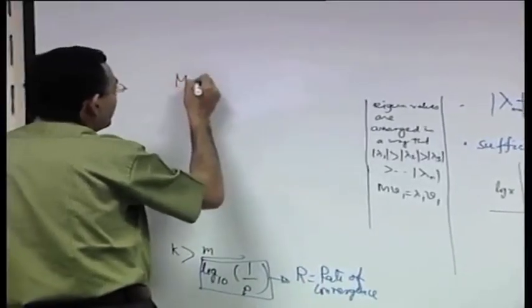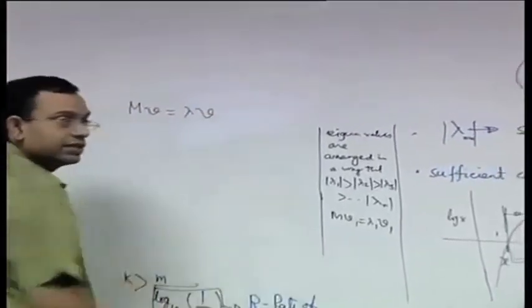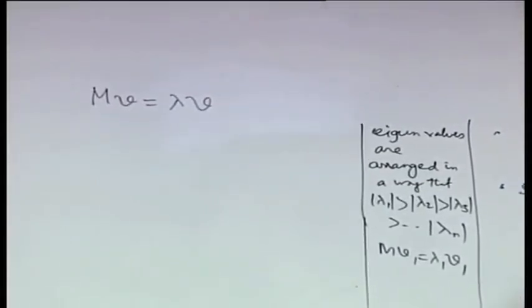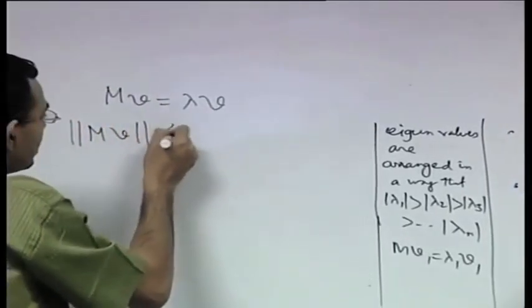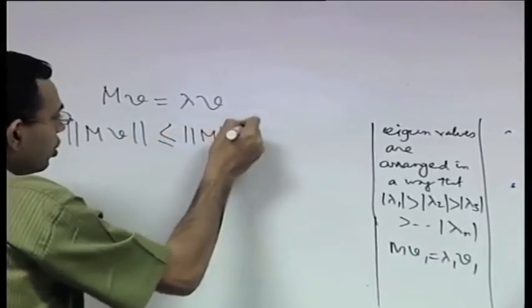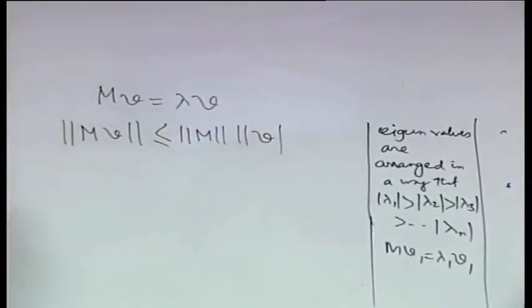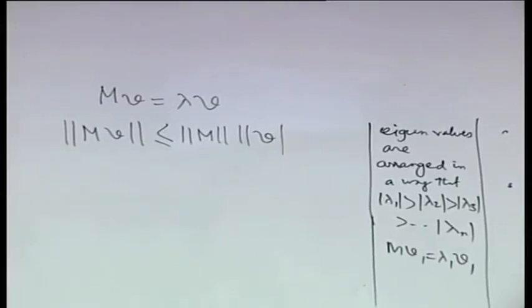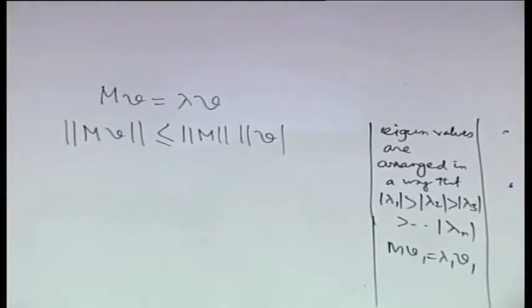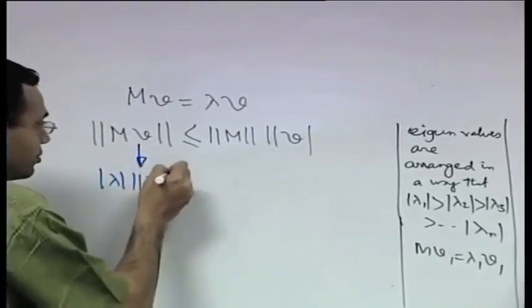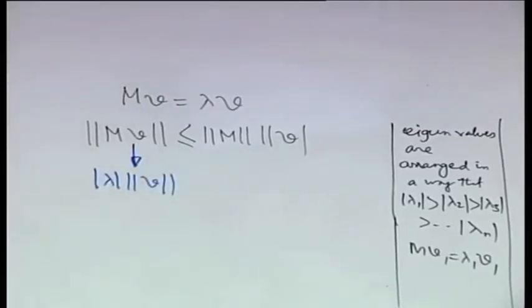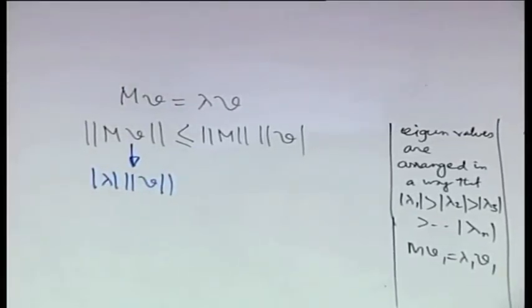Remember that MV is equal to lambda V, where lambda is the eigenvalue of the matrix M. Now, we know that norm of MV is less than or equal to norm of M into norm of V, and because MV is equal to lambda V, norm of MV is mod of lambda into norm of V, right.